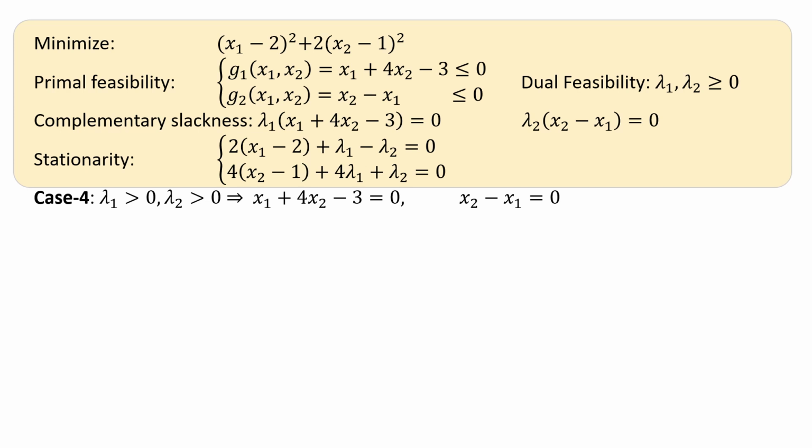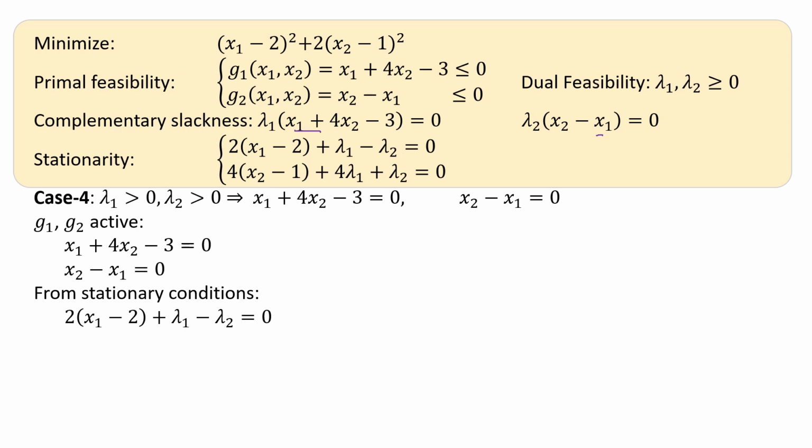Case 4 is when both lambda 1 and lambda 2 are greater than 0. So both the constraints are active. From the complementary slackness conditions, we get this equation, x1 plus 4x2 minus 3 equals 0, and x2 minus x1 equals 0. And from the stationary conditions, we get twice x1 minus 2 plus lambda 1 minus lambda 2 equals 0, and 4x2 minus 1 plus 4 lambda 1 plus lambda 2 equals 0.